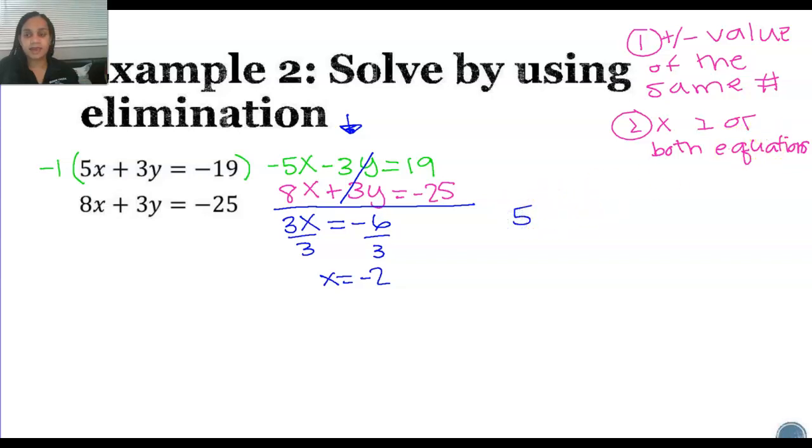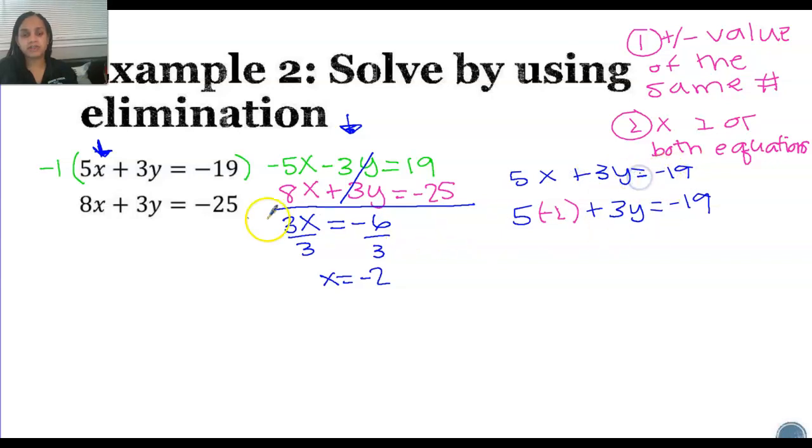5, and instead of x, I'm going to put negative 2, because I'm replacing x with negative 2 in order to figure out what y is. Let me see, so it was 5x.